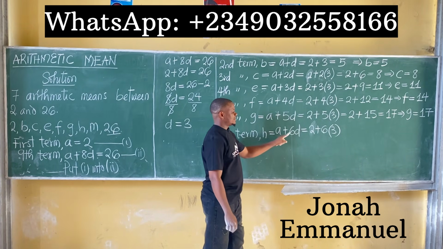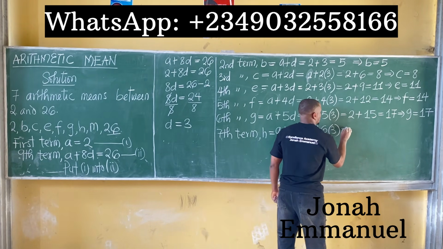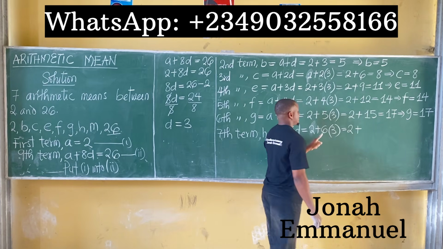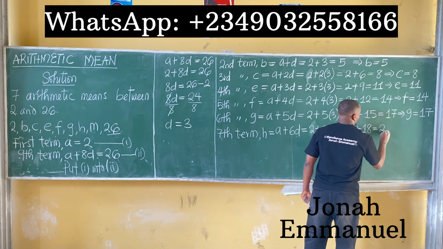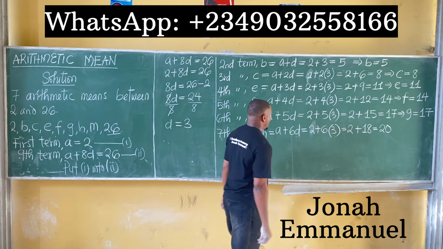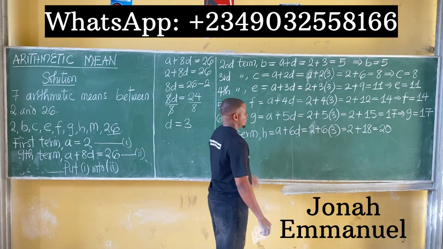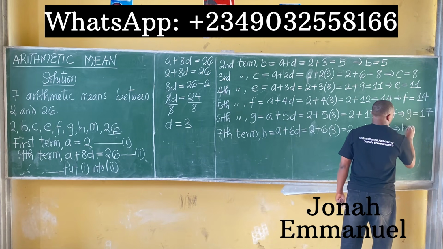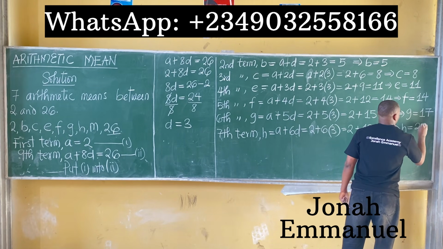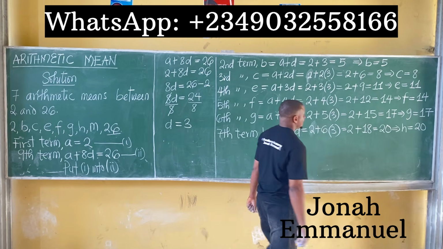So 2 plus 6 times 3. This is equal to 2 plus 18, which is 20. So that means H is equal to 20. So we have this.